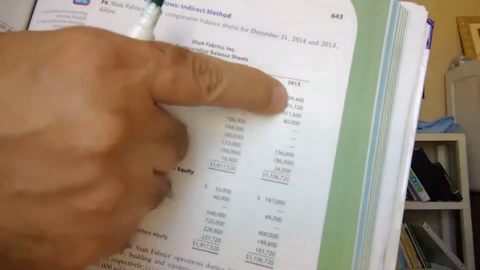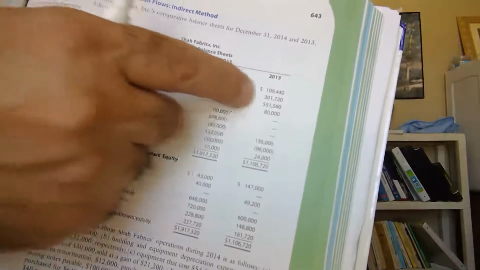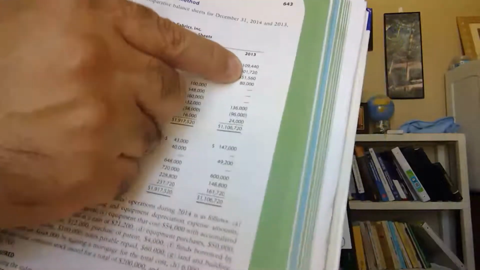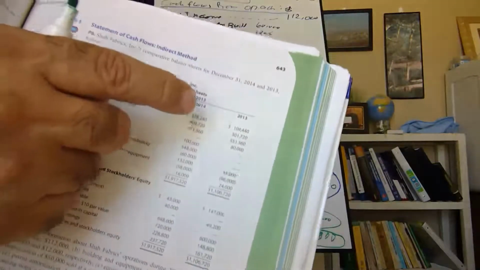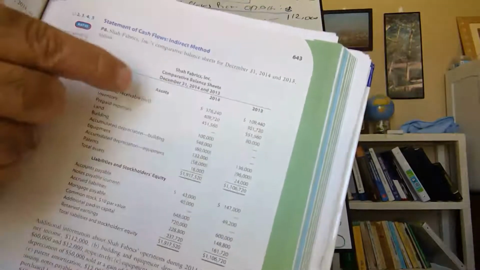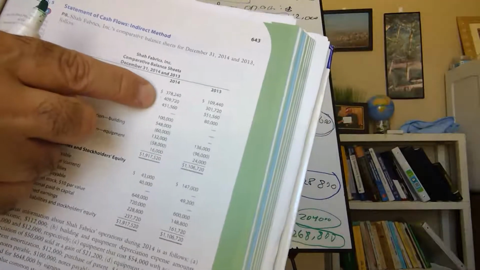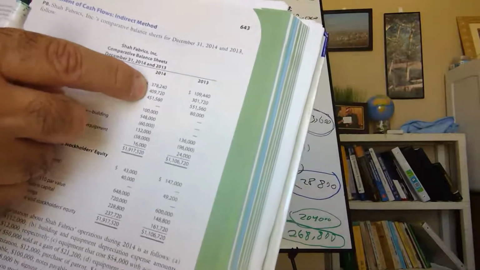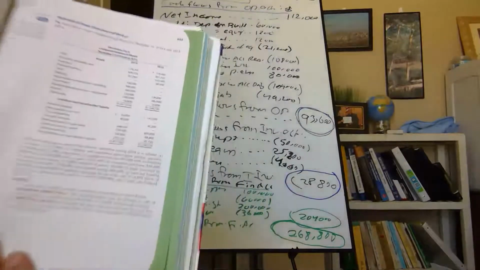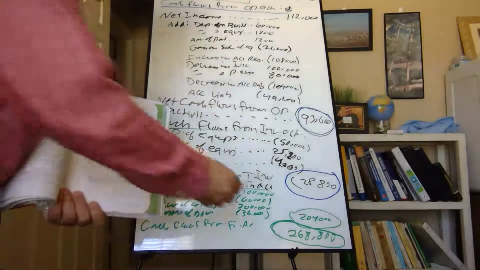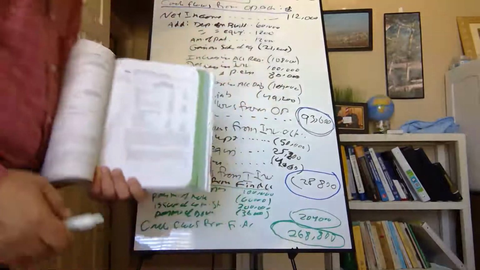Look at the cash. In 2013, it was 109,440. In 2014, it grew to 378,240. What's the difference between these two? If we come up to 268,800, that means we're good.